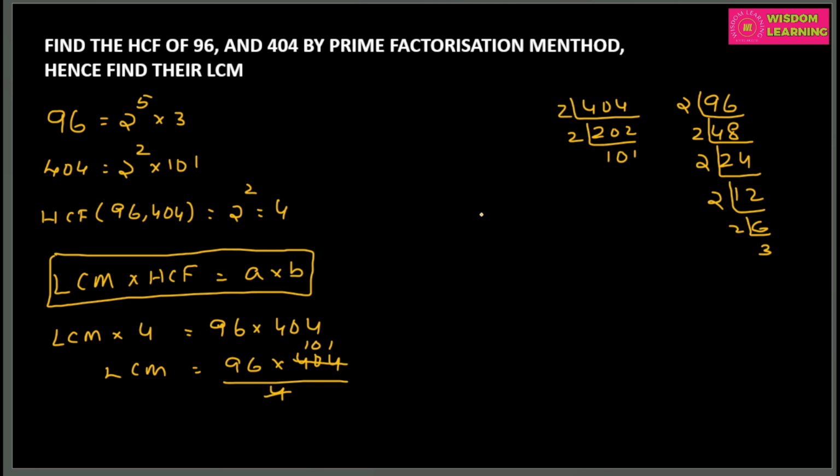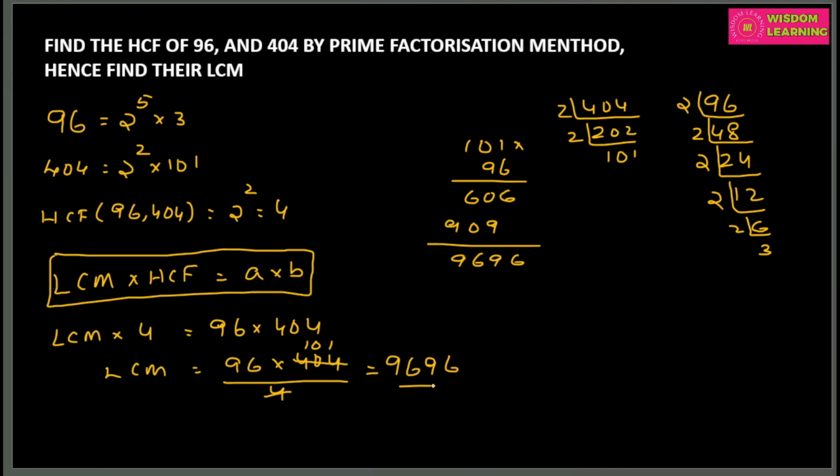What is the LCM? 101 into 96. What is the answer? 9696. The final answer is 9696.